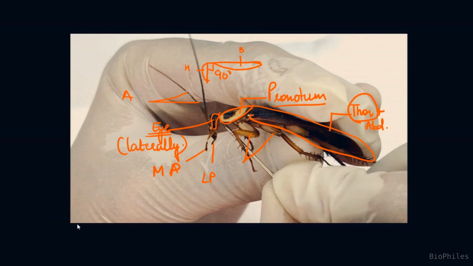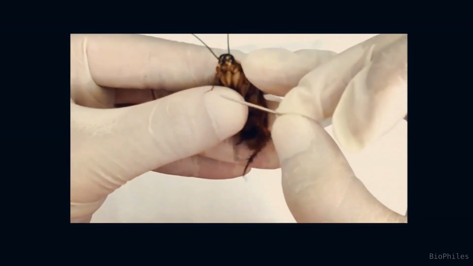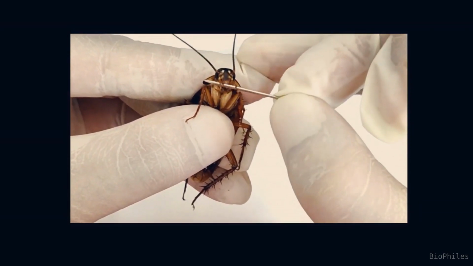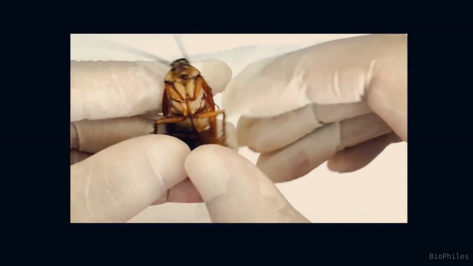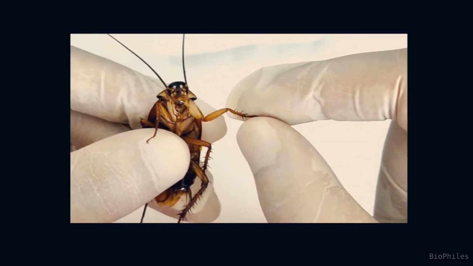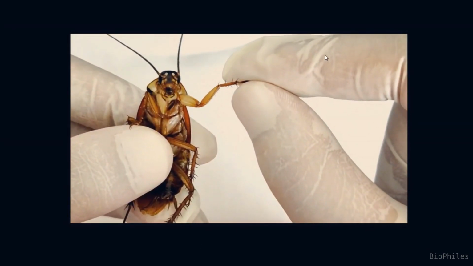So let us now move to the second division of the body, which is the thorax. First we'll have a look at the ventral side of the thorax, and the thorax is further divided into three segments, and those three segments are prothorax, mesothorax, and metathorax.